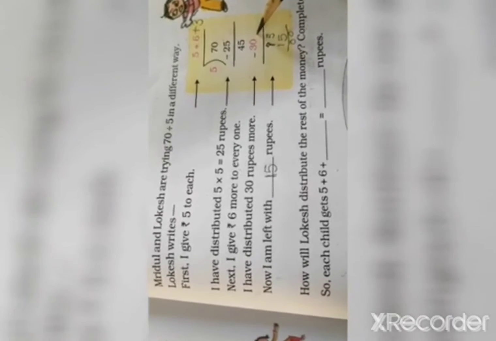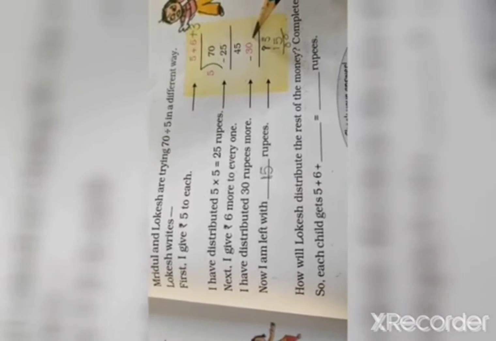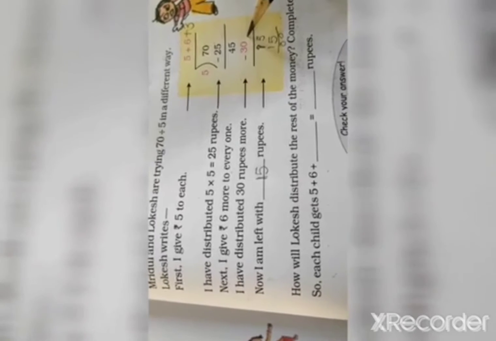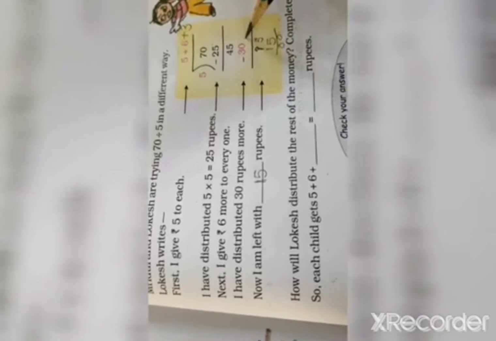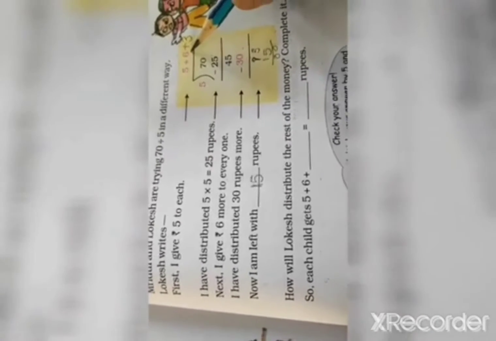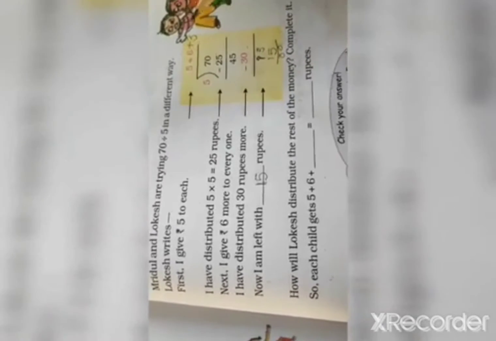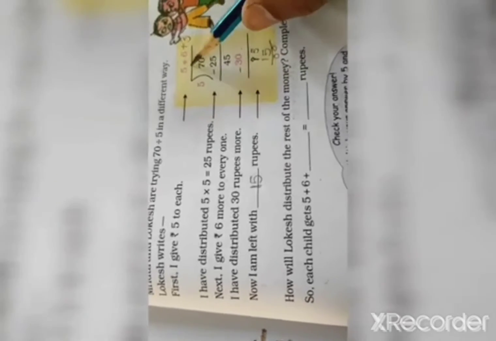In the second round, each child is getting 6 rupees. And in the third round, each child is getting 3 rupees. Okay. So 5, 6, 11 plus 3, 14.